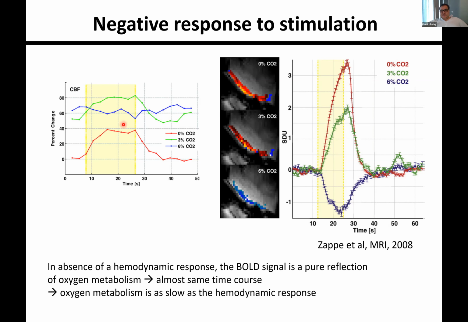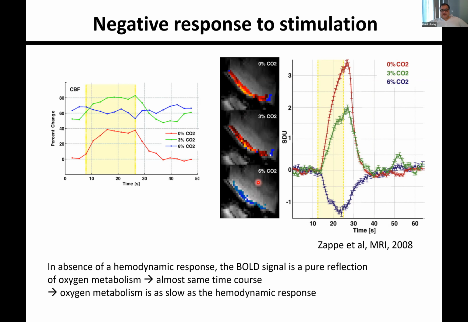And this might be an interesting effect also for epilepsy, because we might have something similar going on in epilepsy, because when people measure fMRI in epilepsy, they often measure negative BOLD, even though neuroactivity increases. And the reason why we see negative BOLD is shown here in this middle panel. These are statistical maps for 0% CO2, 3% CO2, and 6% CO2.